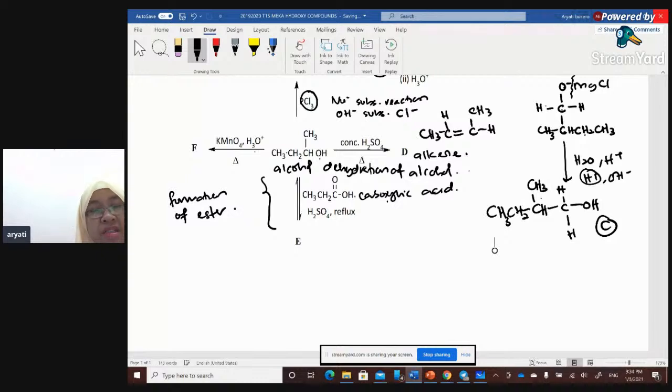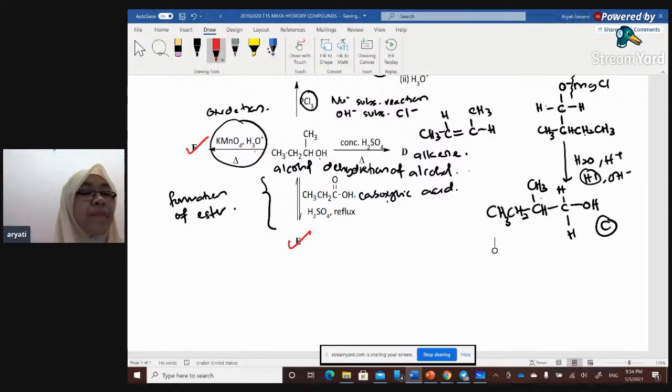Ini ialah tindak balas kalium permanganat acidic hot. Ini ialah chemical reaction of alcohol. Ini ialah tindak balas oxidation. Ini kan kita belum belajar. So, E dengan F ni kita KIV dulu. Kita akan discuss ataupun sambung discuss bila kita dah habis chapter. Bila kita dah habis 15.4 which is chemical properties of an alcohol.